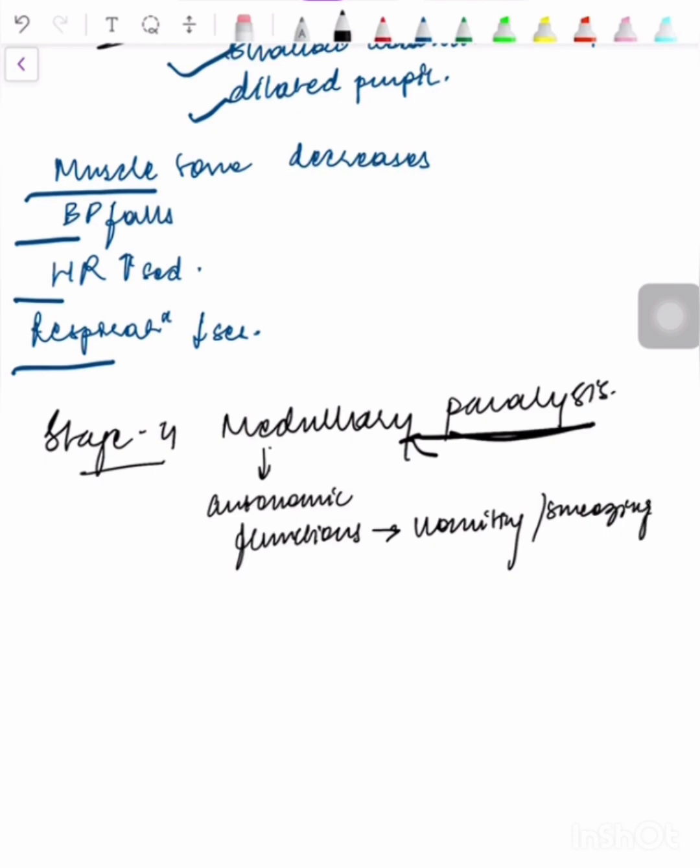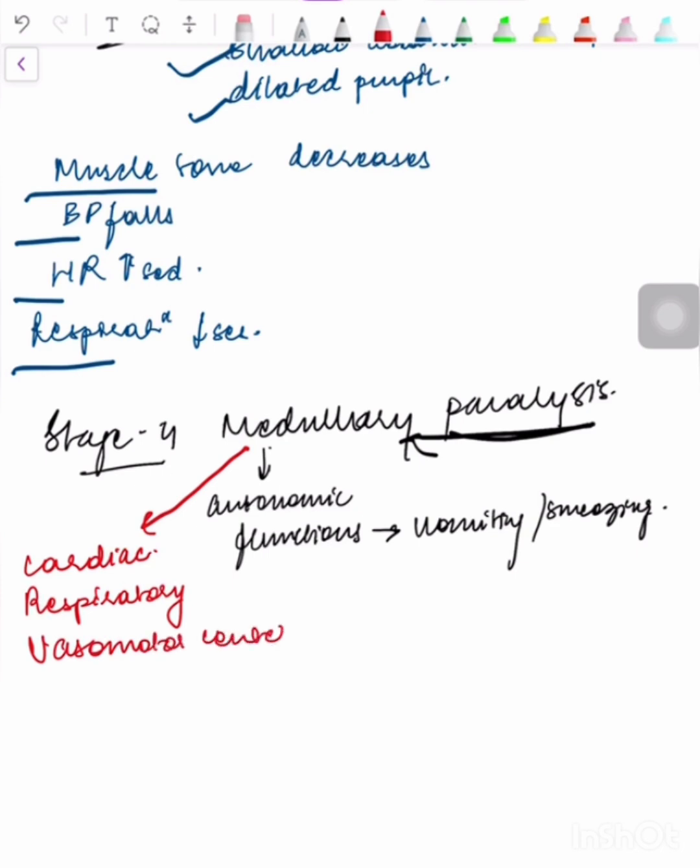Again, it is the medulla that contains the cardiac, so related to heart, respiratory and vasomotor centers.